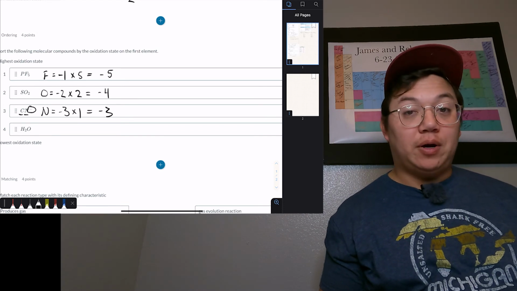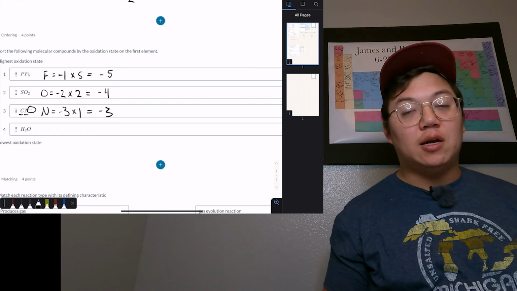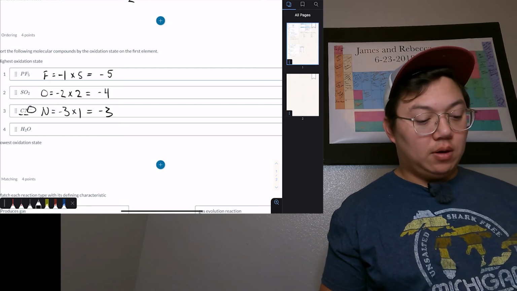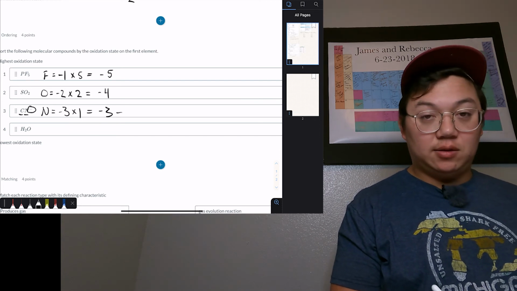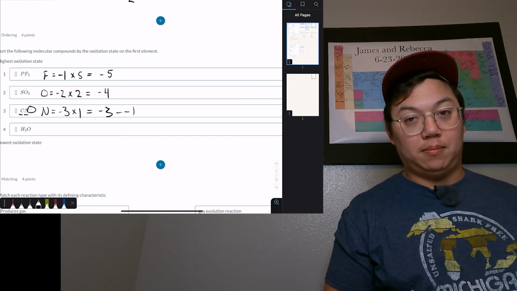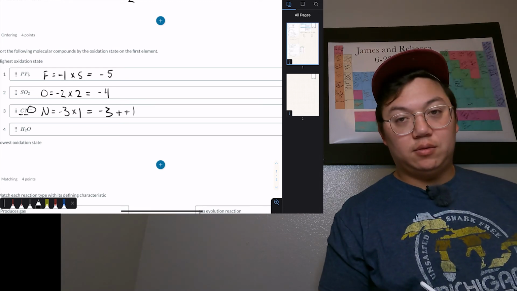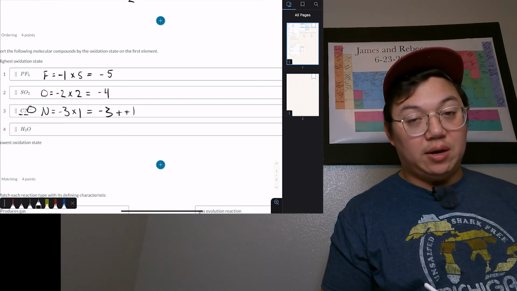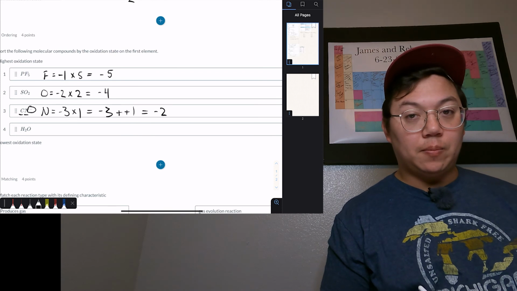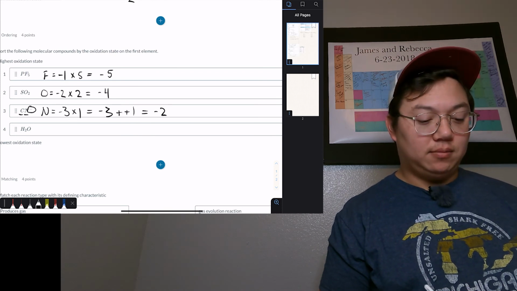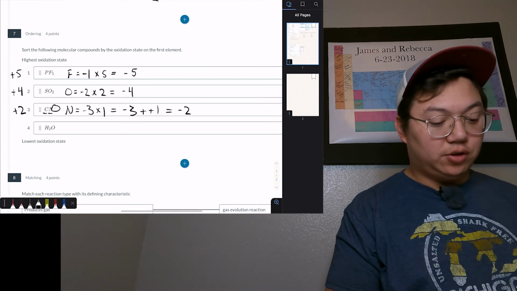And we're actually going to subtract that from the oxidation state of our other element. So this is going to be -3 minus a -1. So this will end up being, because negatives cancel each other out, -3 plus 1. So then we're going to get a -2. And we'll flip that sign to get the charge on our carbon. So this is a +2 charge.